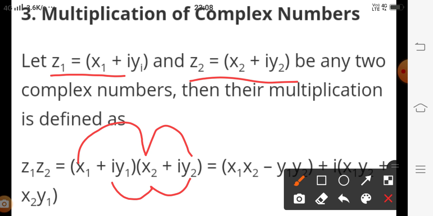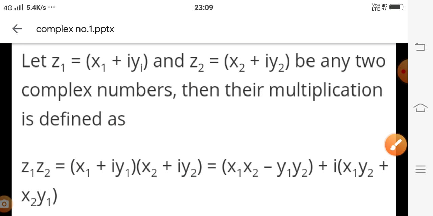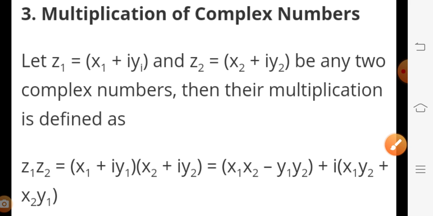But one thing we have to remember: i into i we get i square, and that value is minus 1. I square is minus 1, and if you solve it, we get x1 x2, the product of the real parts, minus y1 y2, the product of the imaginary parts, plus i into (x1 y2 plus x2 y1).